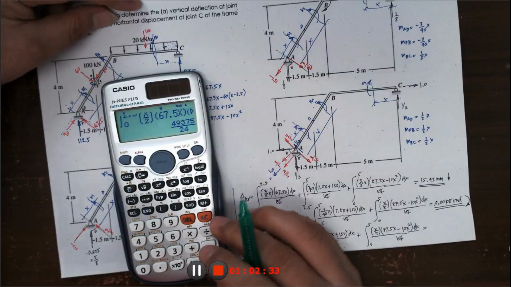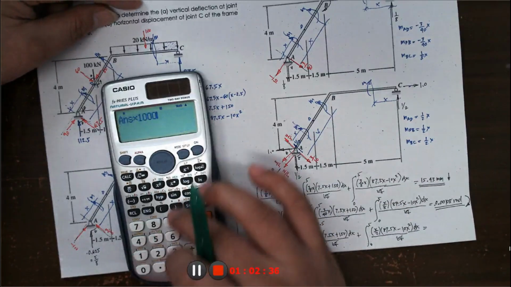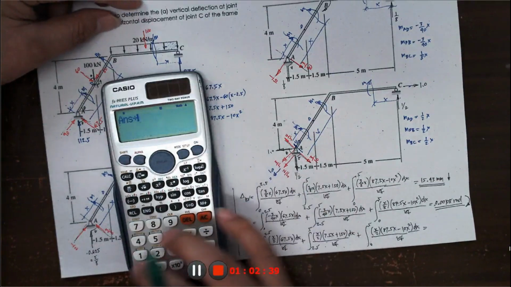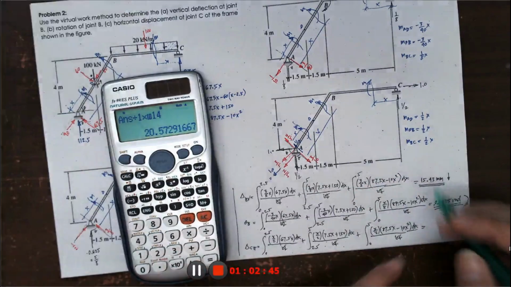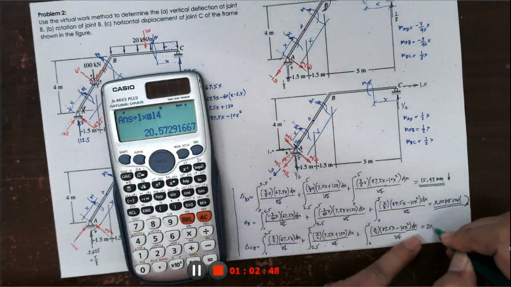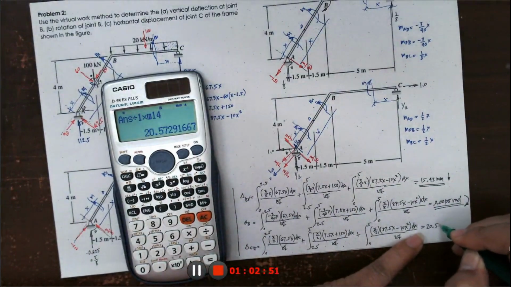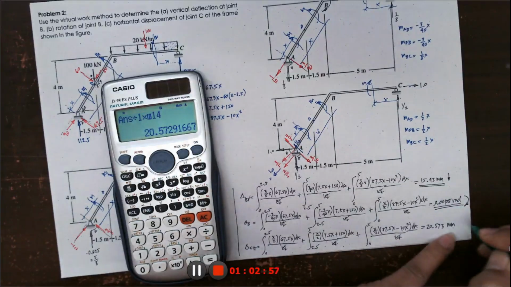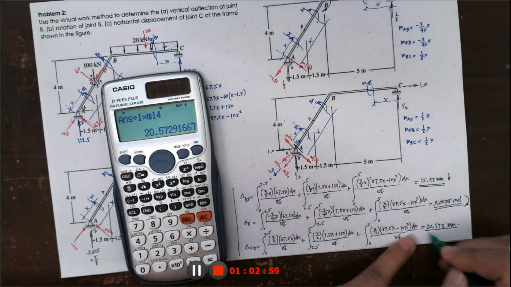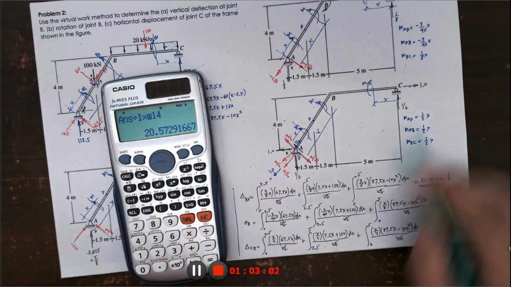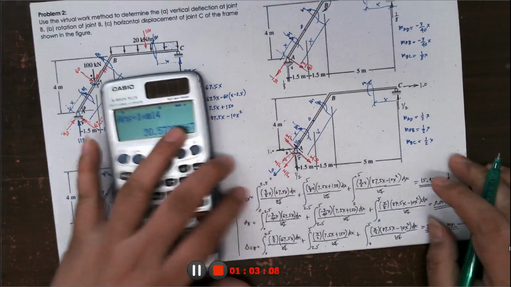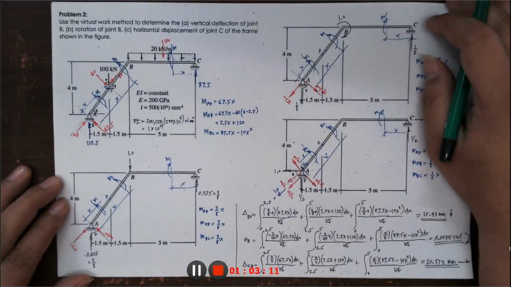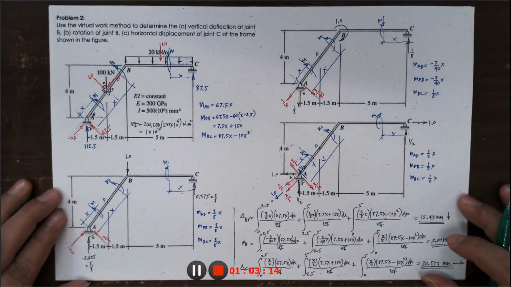And then since deflection is kilonewton meter cube, so 1000 raised to 4 divided by EI, that's 20.573 millimeters. Since positive man, so sakto atong yun, right? So mao ni ang answer sa problem number 2.